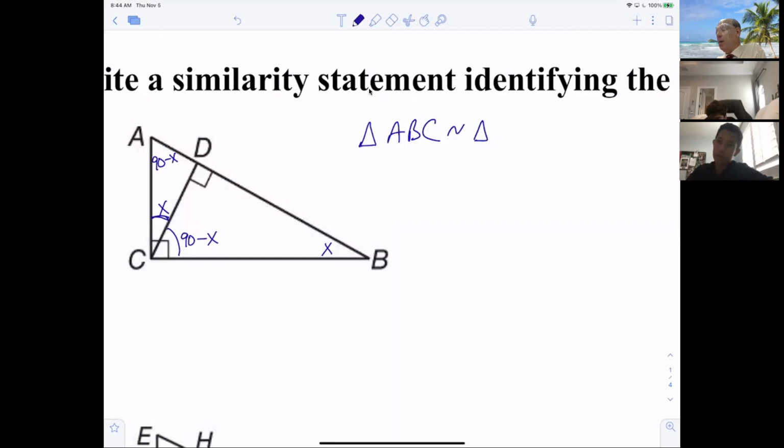Now A is the 90 minus X. So what does the 90 minus X correspond to? C. B is the what? X. So on the middle triangle, it's going to be B goes to B. Thank you very much. And then C is the right angle, but for those of you who are brilliant, you already used 2 letters, so it's got to be the only one we haven't used, which is what?